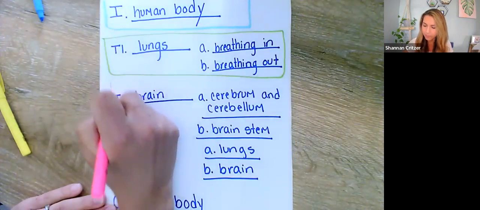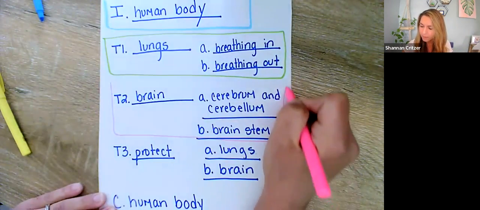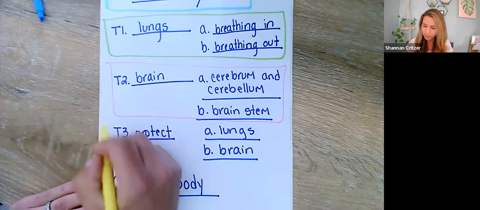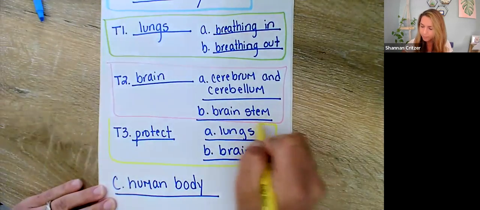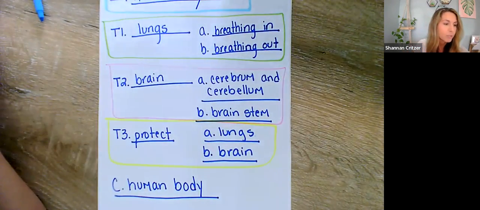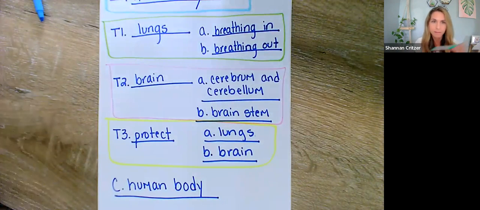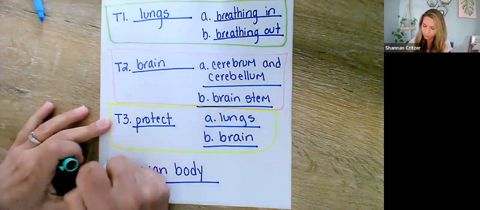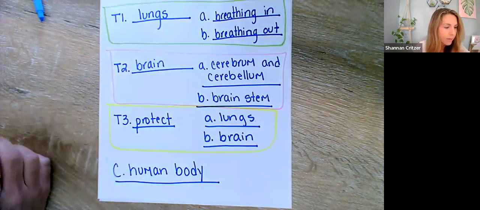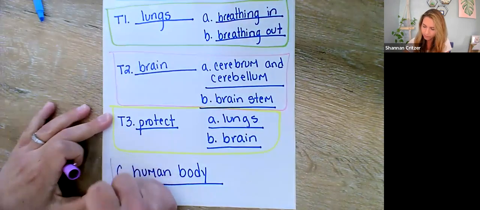This is what you will write about in your second body paragraph. This is what you will write about in your third body paragraph. And finally, and I'm sure you probably have already guessed it, this is the information you will write about in your conclusion.